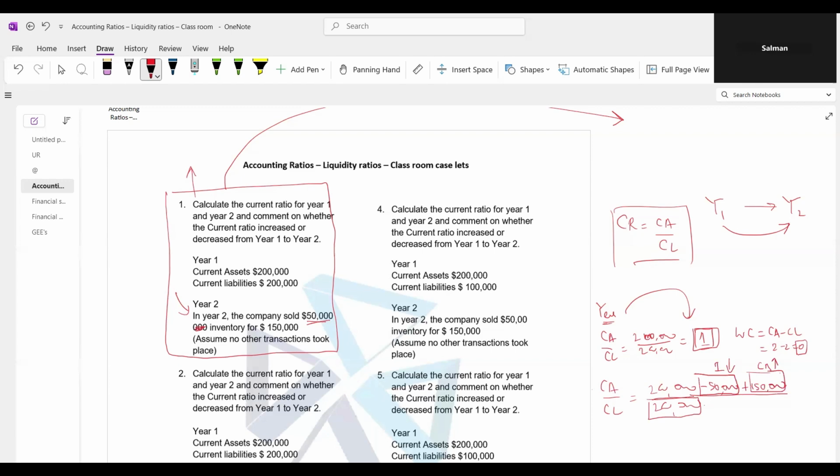Unchanged. So 50,000 inventory sold for 150,000. What is the difference? How much is the benefit to the company? 100,000.